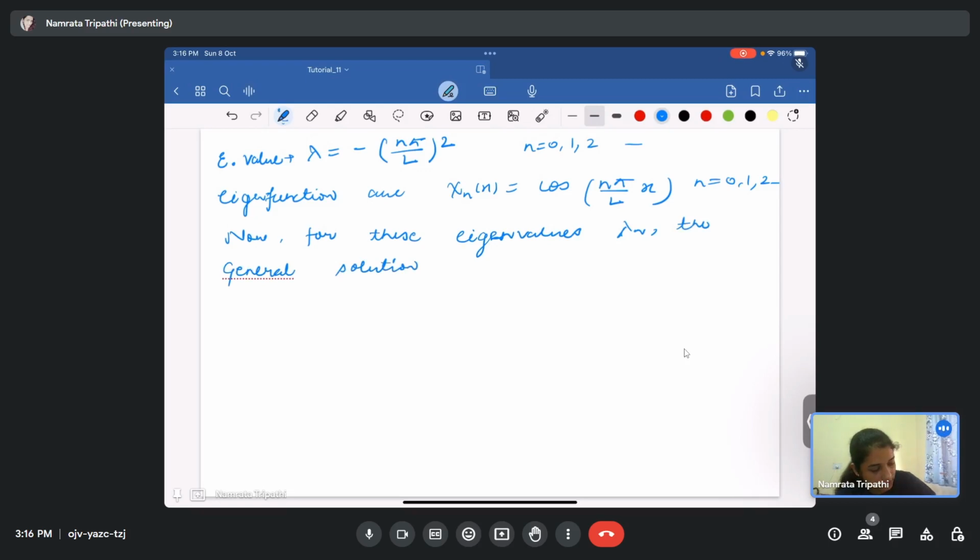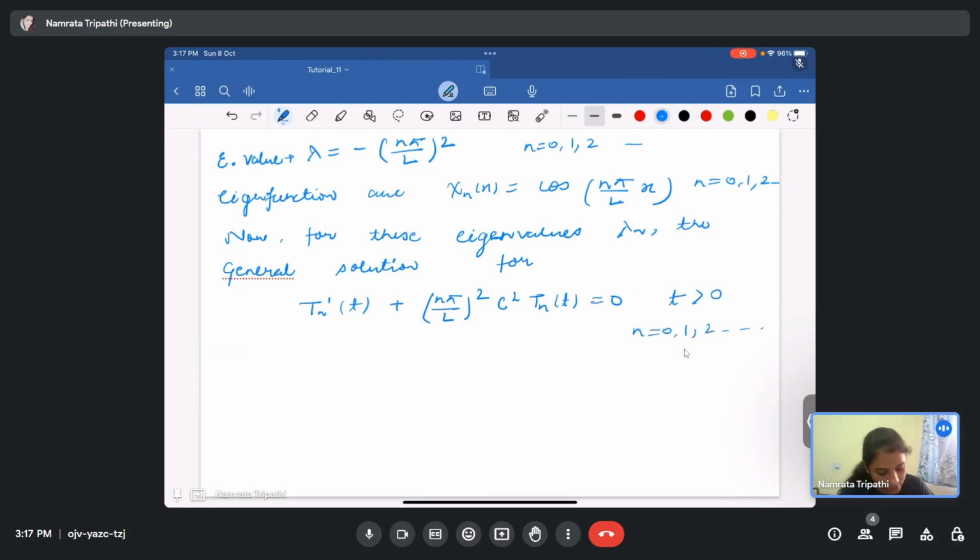In the general equation, in place of lambda we can write minus n pi upon L whole square, so T n dash plus n pi upon L whole square c square Tn of t equals 0, where t is greater than 0 and n is 0, 1, 2 and so on. From here you will solve and find the value of Tn.